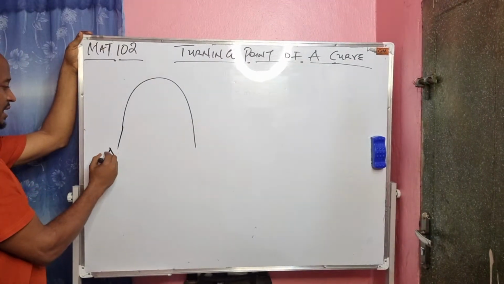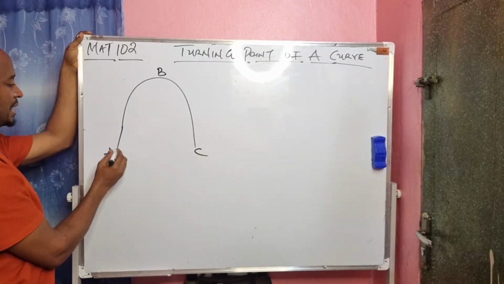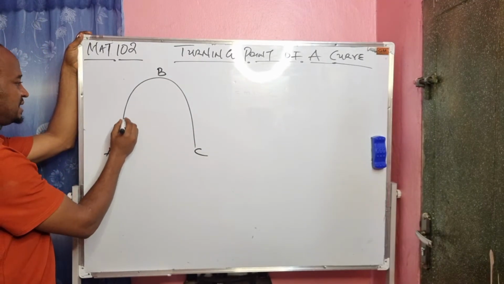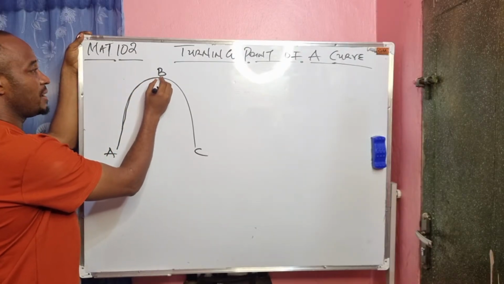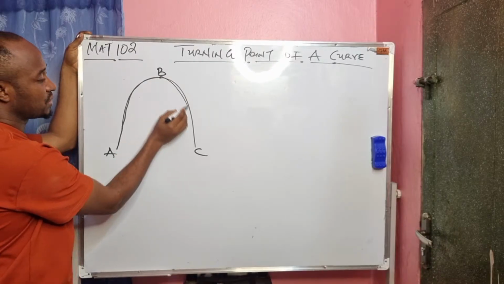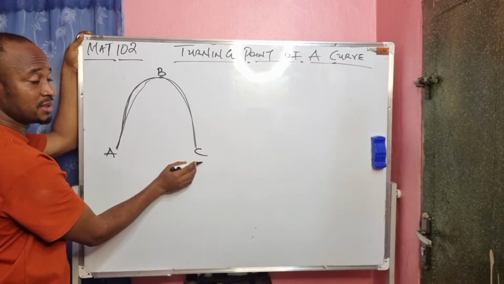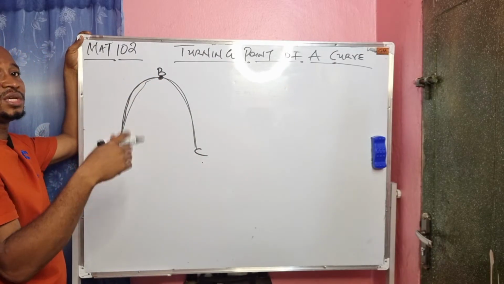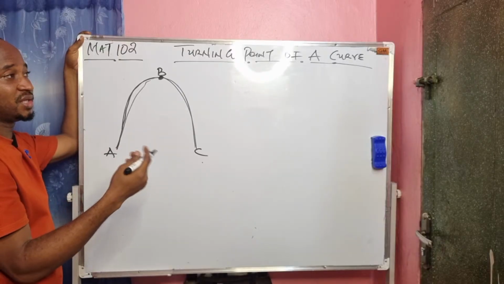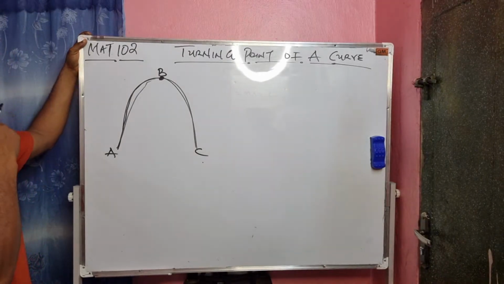I have a point A, a point B, and a point C. At point A, the graph is increasing. The graph gets to a point here whereby it changes direction. It increases and then decreases. That point where the curve changes direction is called the turning point of a curve.